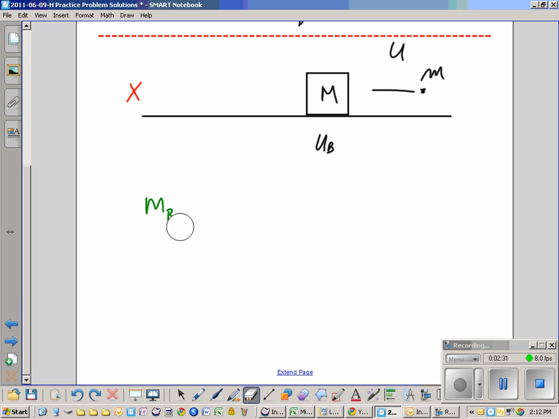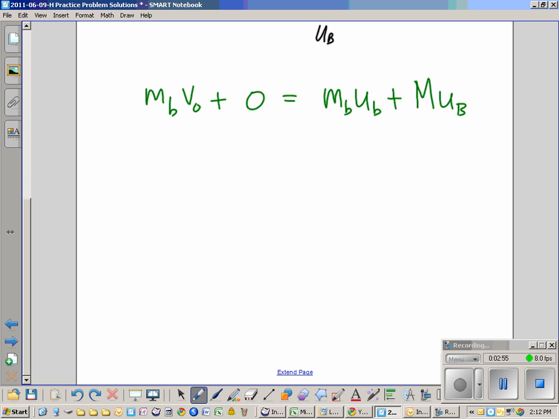So what we end up with is m little b for the little bullet. I hate b's for bullets and blocks, but it always works out that way. m_b v naught plus 0, because the initial momentum of the block is 0, is equal to m_b u_b plus big M, the mass of the big block, times u for the block. We're solving for u for the block.